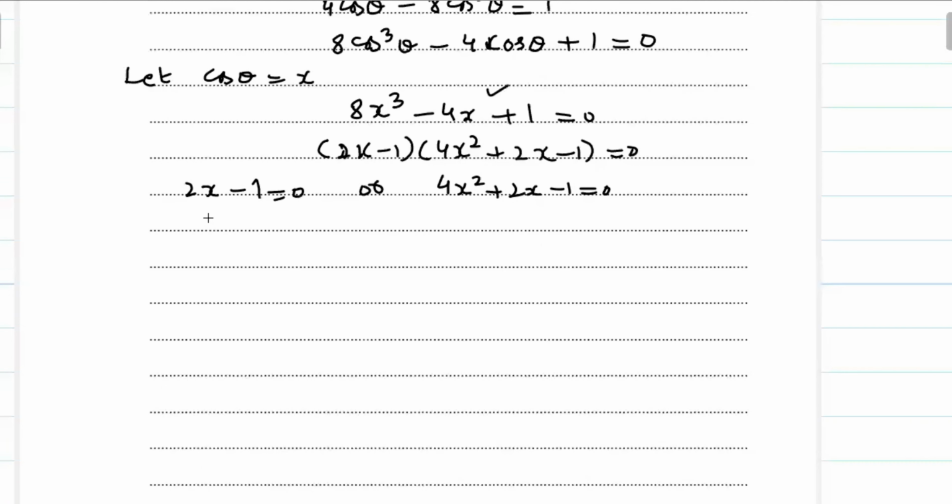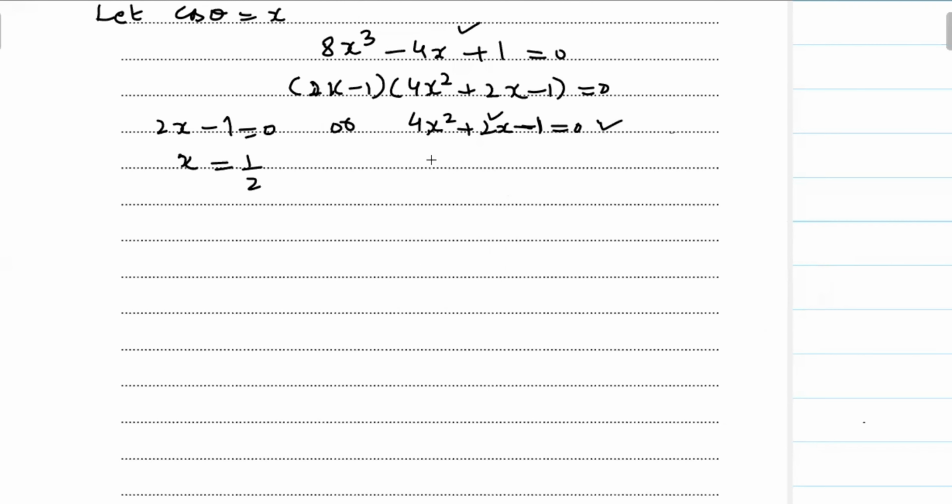Now we can write it as x equal to 1 over 2. And next we simplify this equation by using the quadratic formula. You see here the quadratic formula is x equal to minus b plus minus square root of b squared minus 4ac, over 2a. Here b is 2.